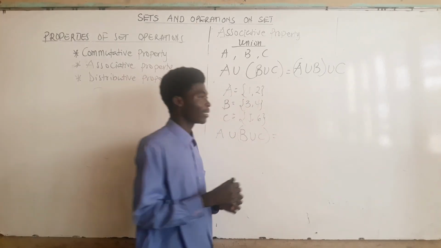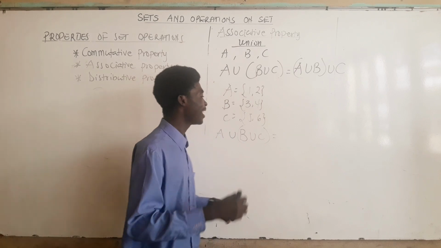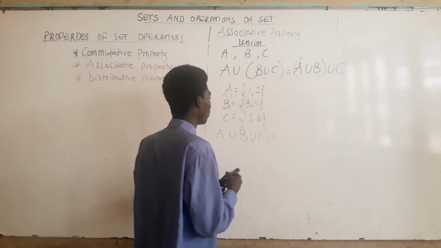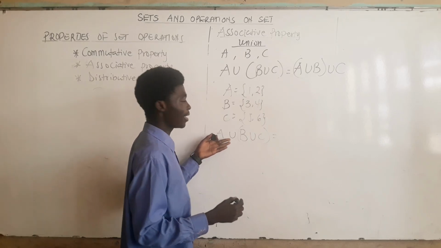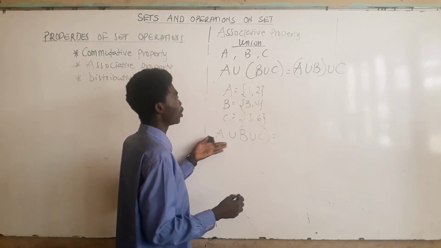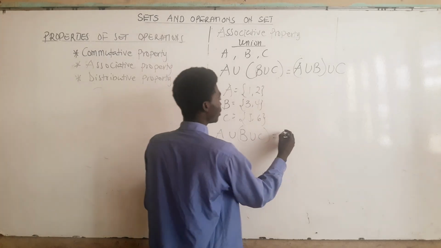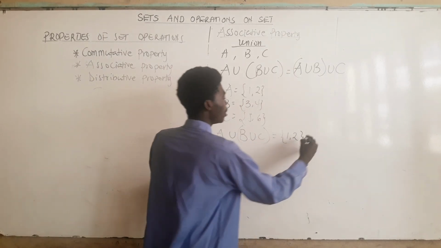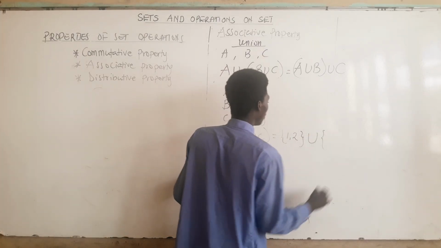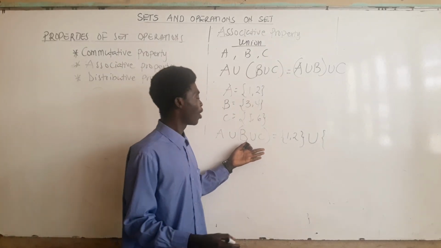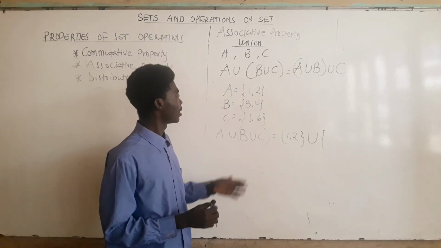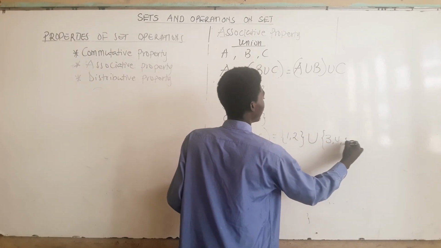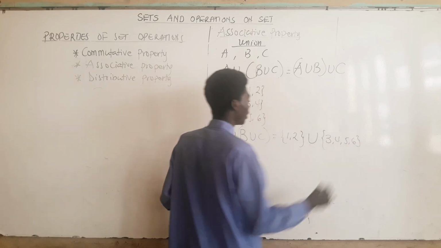So now let's get our elements. The first set we are talking about here is A, so you bring the elements of A, that is 1 and 2. 1 and 2 union, what is the combination of B and C? B and C is going to be 3, 4, 5, and 6.